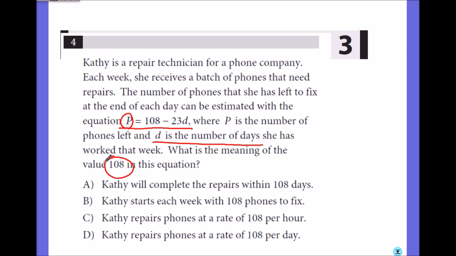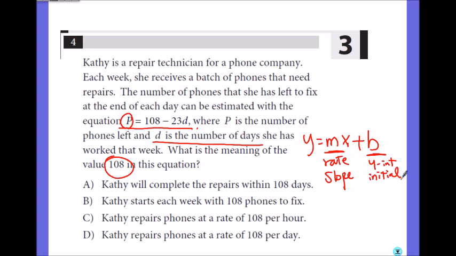As you can see, this is a linear equation, which can be written as y equals mx plus b, and m is the rate of change, the slope. You will get a lot of questions involving slope, or b, which is your y-intercept, the initial value. So b is a constant that got added, and here the slope is negative 23.